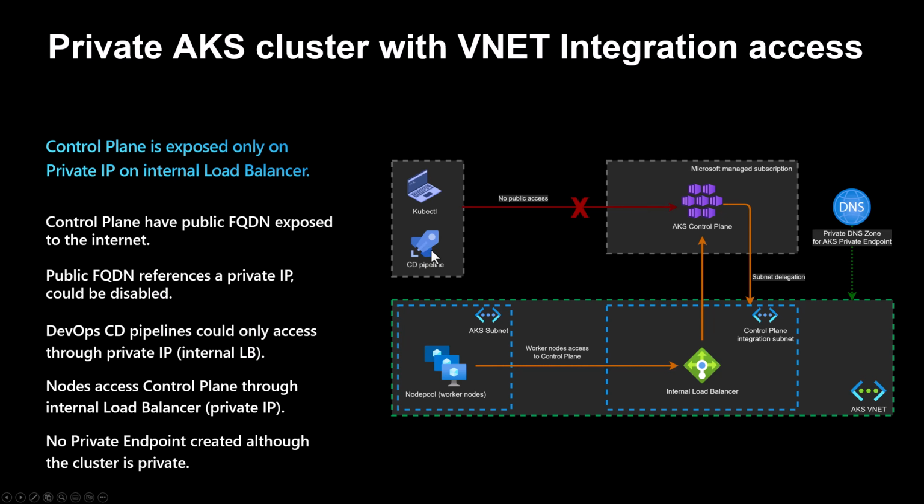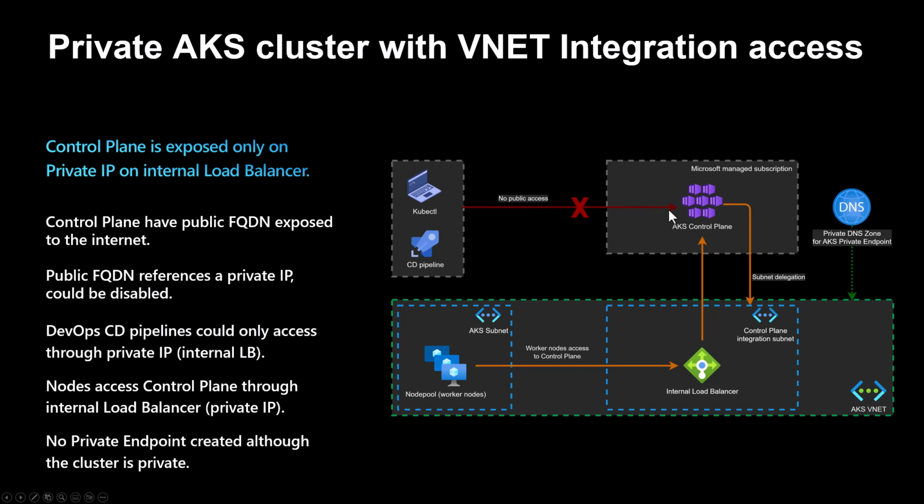Now if I have my CD pipelines or the operators who want to access the control plane, because they don't have a public endpoint available, they will actually use the internal load balancer. They will pass through the AKS VNet. So I should have a jump box deployed into the AKS VNet so that they can get access to that control plane.